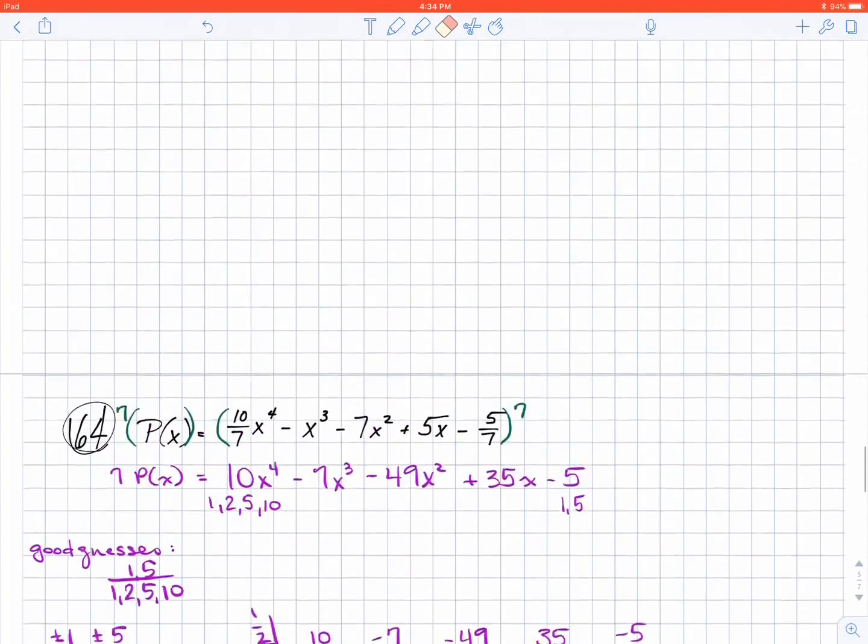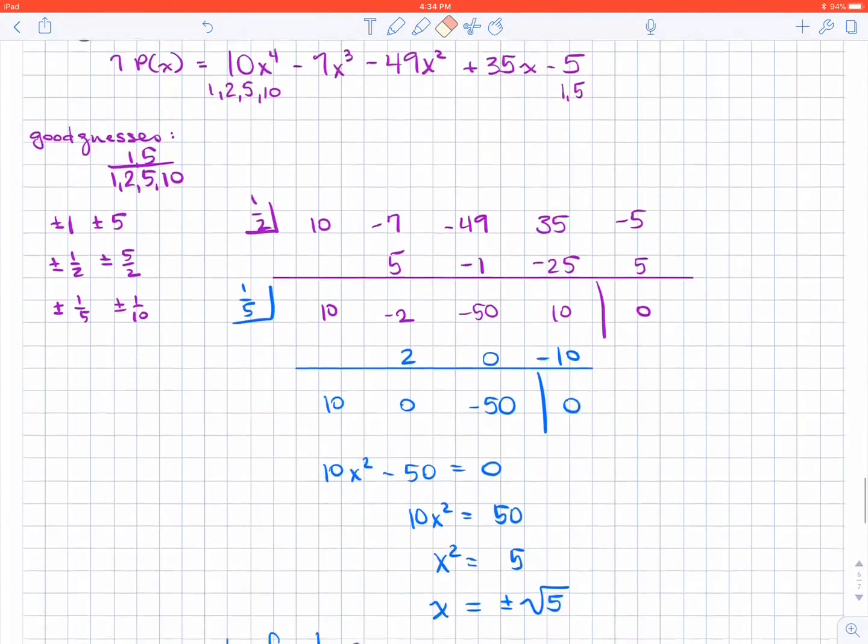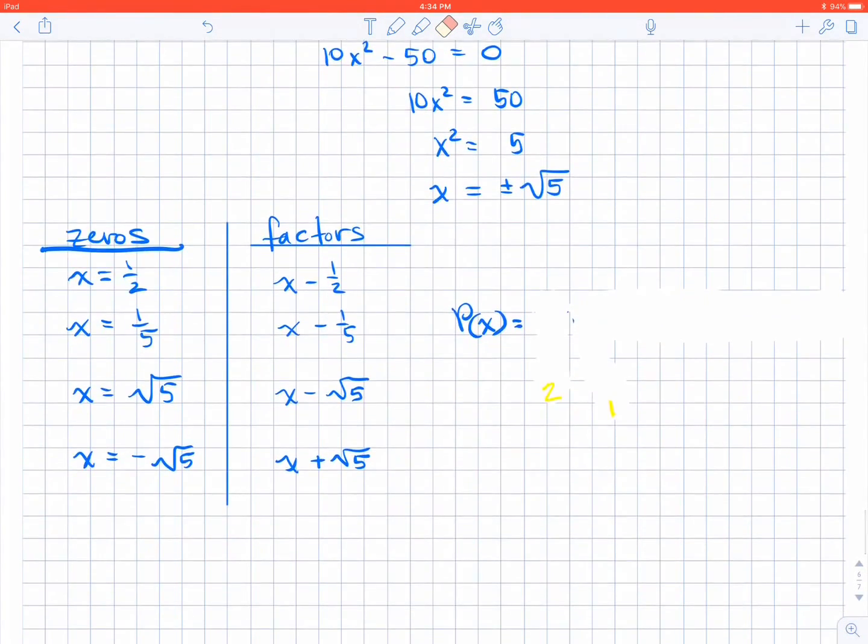Now, before we get anywhere, let's take a look at what the directions were. List the zeros, we did that. List the possible zeros. Graph, we did that. We found all of our zeros, but now what we're trying to do is factor our p of x. So let's go ahead and write down our factors, all multiplied together.